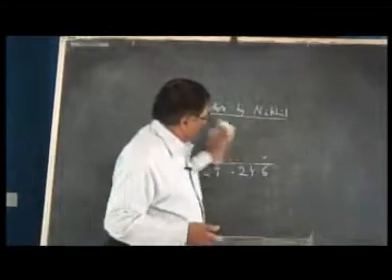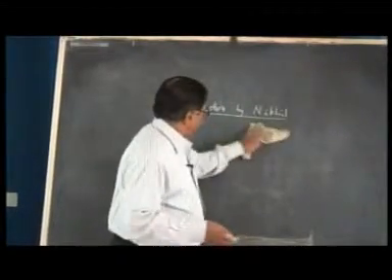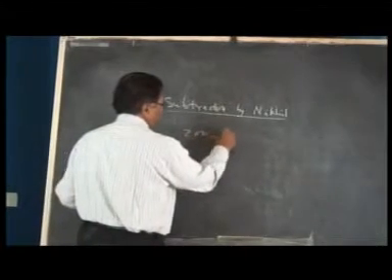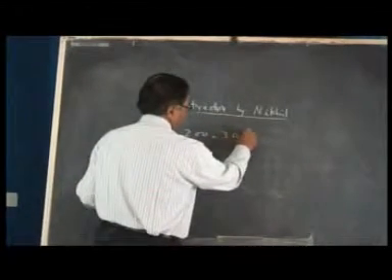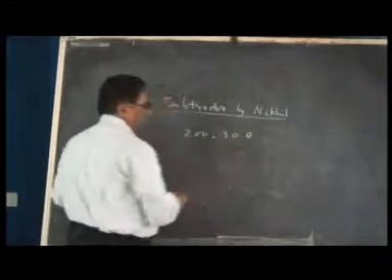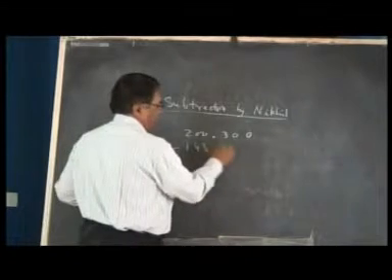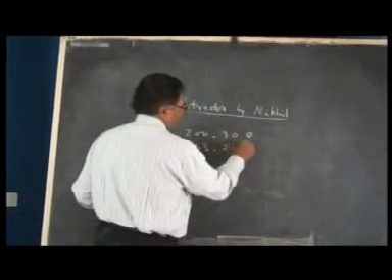See, I need to take you here. 200.300 minus 143.268.